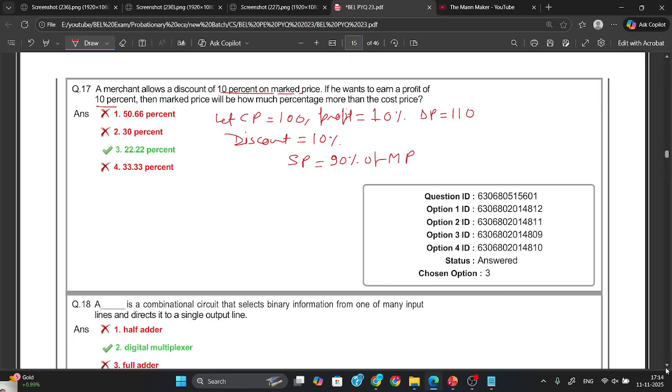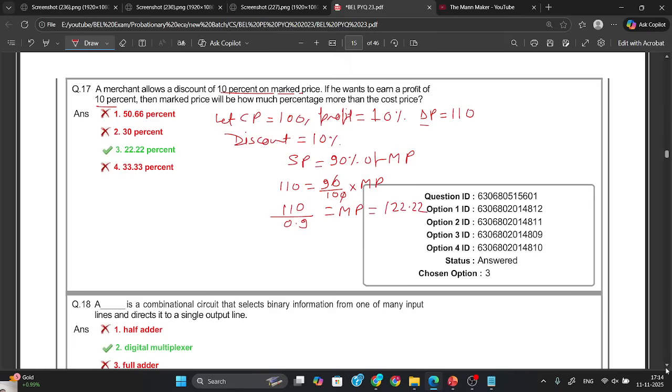So now we can calculate from here. Selling price 110 equals 90 by 100 into MP, that is market price. So 110 equals 0.9 into MP, which will come to 122.22.